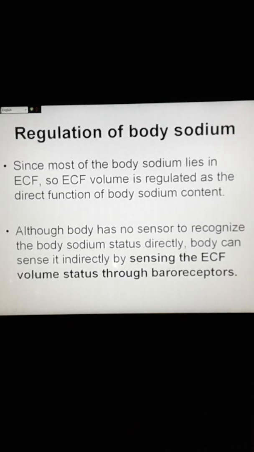Now, how is this sodium regulated in our body? Since most of the body sodium lies in extracellular fluid, extracellular fluid volume is regulated as a direct function of body sodium content. Although the body has no sensor to recognize the body sodium status directly, it can sense it indirectly by sensing the extracellular fluid volume status through baroreceptors.